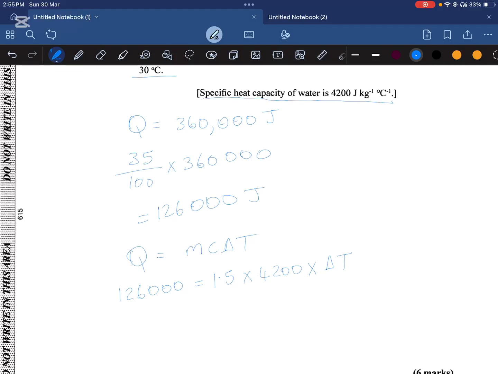So therefore, that change in temperature would be 126,000 over 1.5 times 4,200. And that gives us a change in temperature of 20.